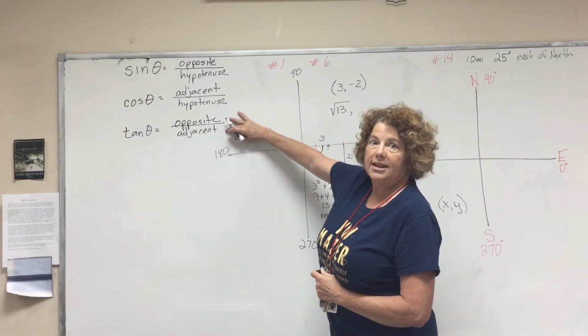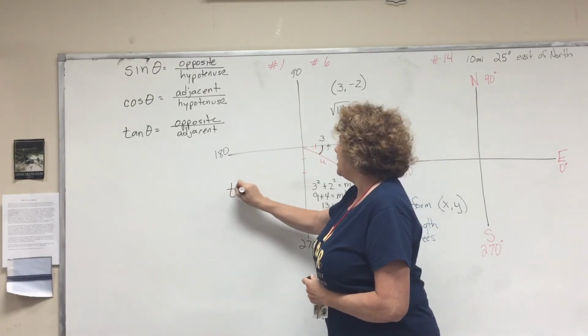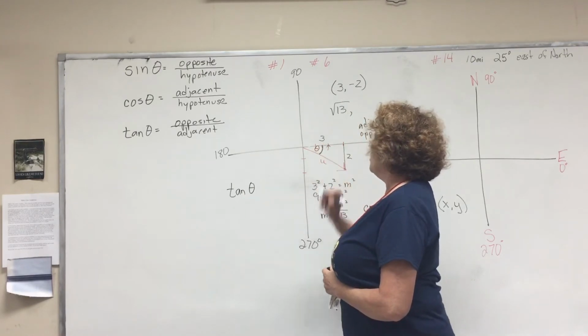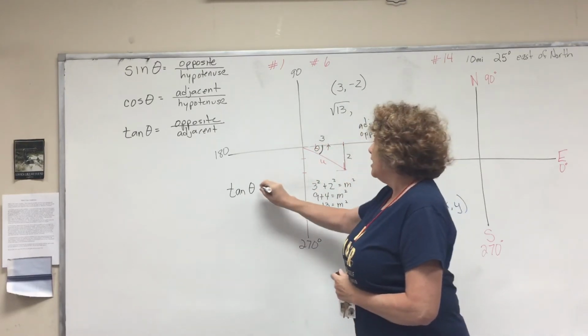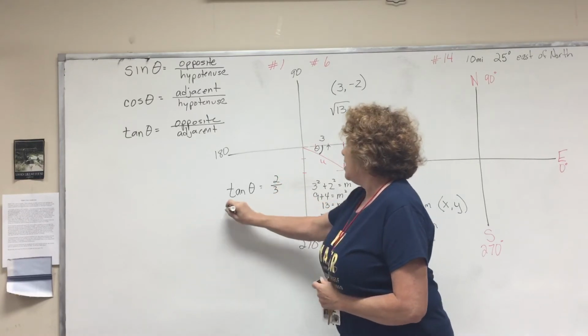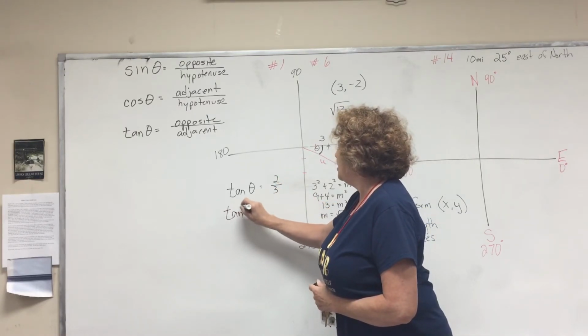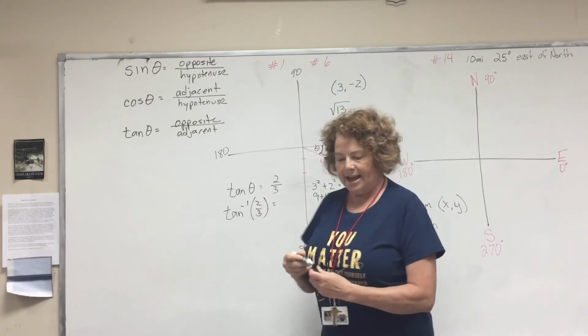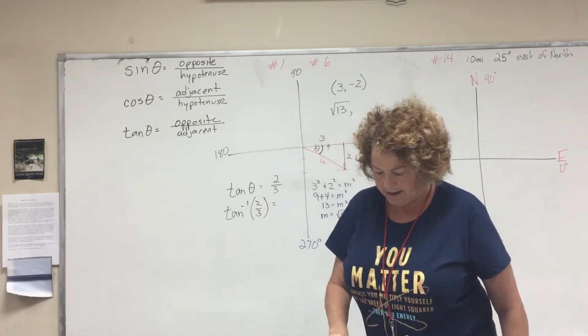Again, we're going to use the tangent. So we're going to say the tangent of this angle, and theta is the variable they often use for angles, is opposite over adjacent. So on your calculator, you hit tan to the negative 1, 2 over 3. So second tan. So let's go ahead and do that.